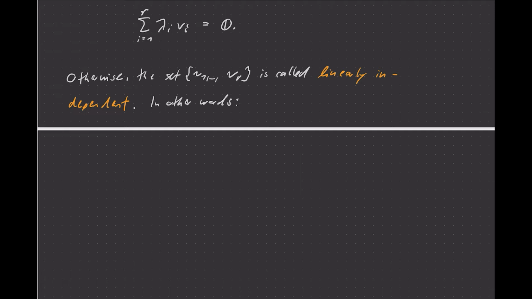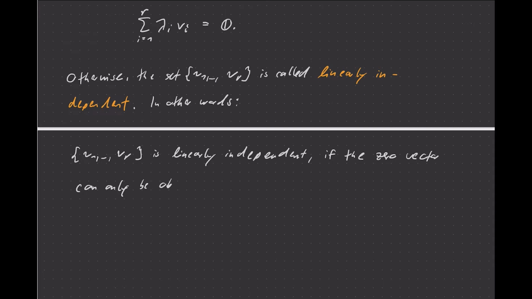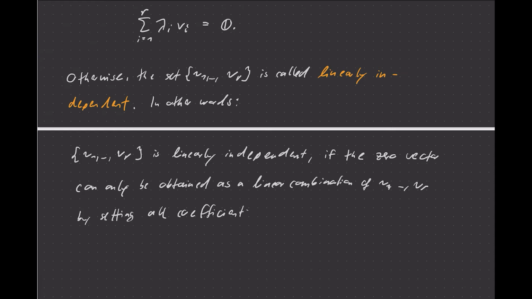In other words, v1 to vr is linearly independent if the zero vector can only be obtained as a linear combination of v1 to vr by setting all coefficients to 0.